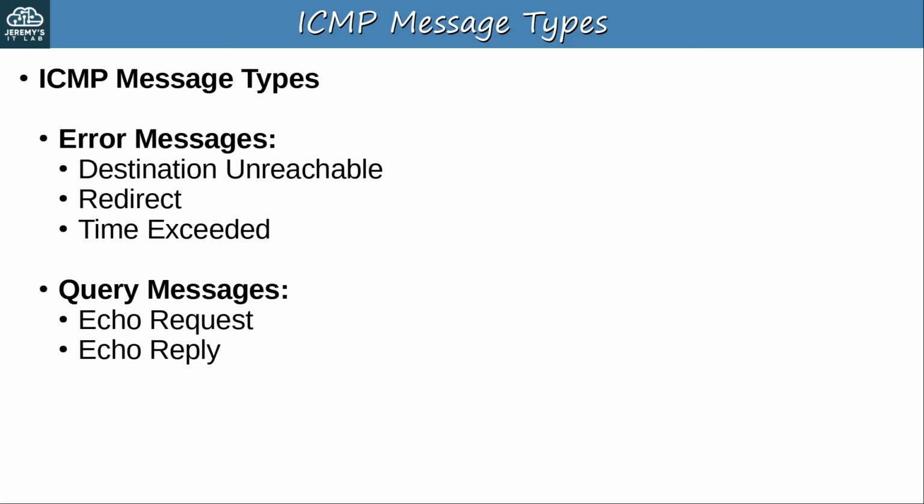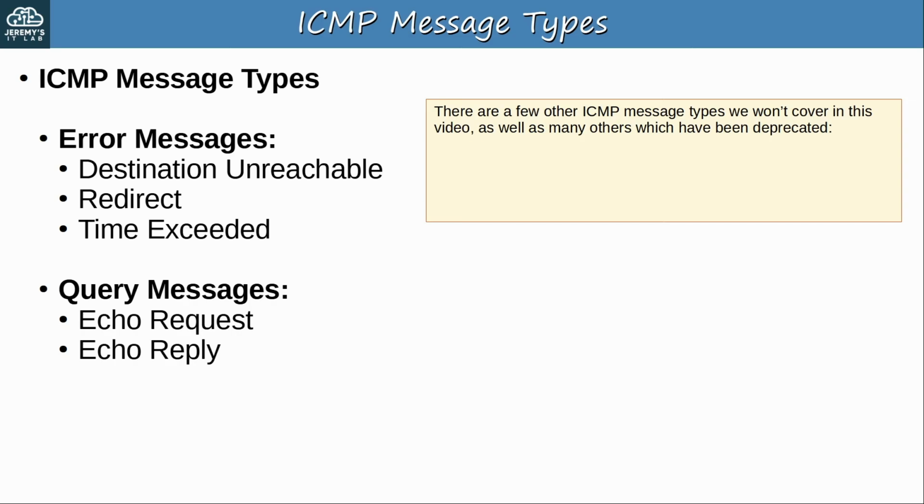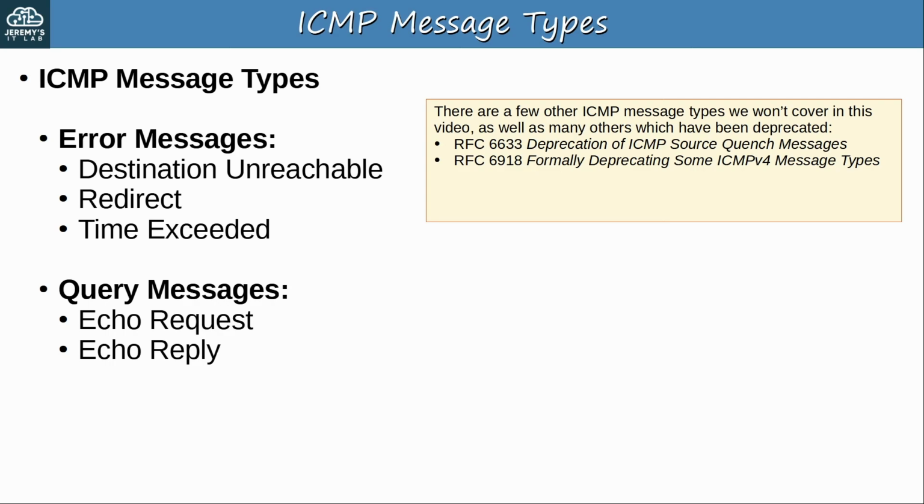Now let's look at some of the different ICMP message types. I'll introduce their general purpose and some extra details. Note that there are a few other ICMP message types we won't cover in this video, as well as many others which have been deprecated. For example, RFC 6633 is called Deprecation of ICMP Source Quench Messages, and RFC 6918 is formally deprecating some ICMPv4 message types.